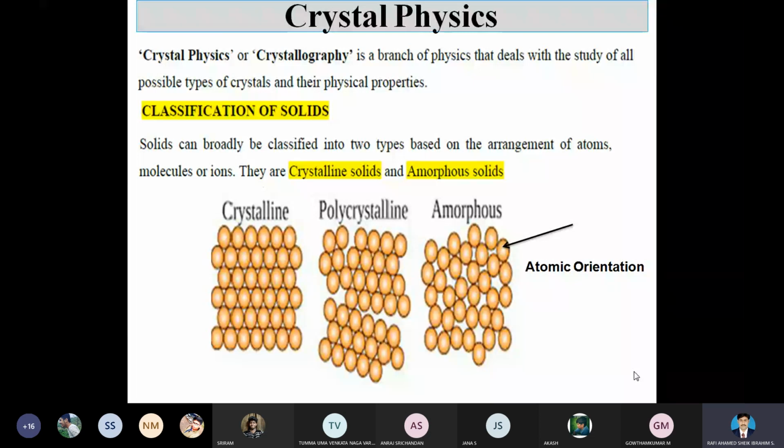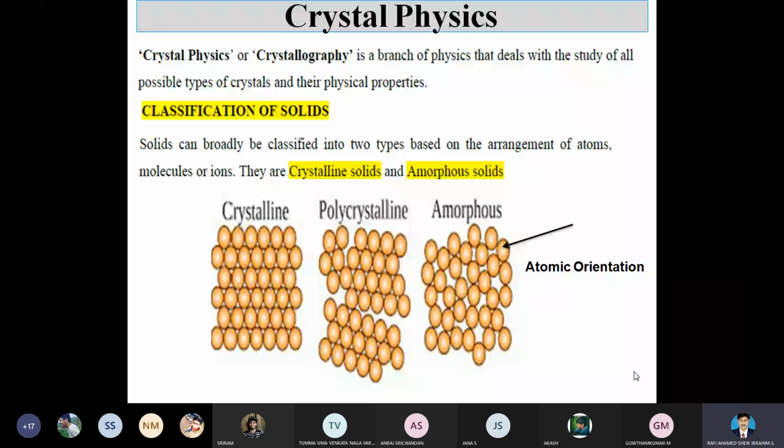Here we can see 3 structures. First one is crystalline, second one is polycrystalline, and the third one is amorphous. Basically we have 2 types, regular and irregular. Regular are called crystalline solids, irregular are called amorphous solids.